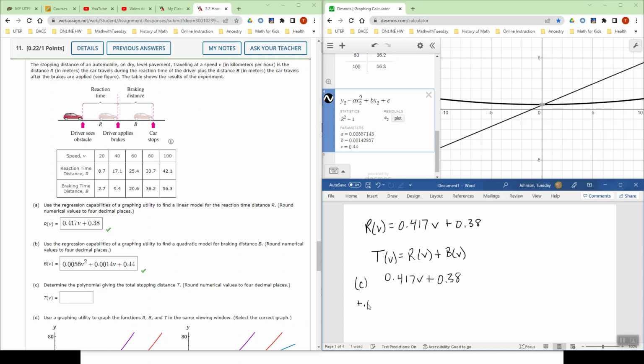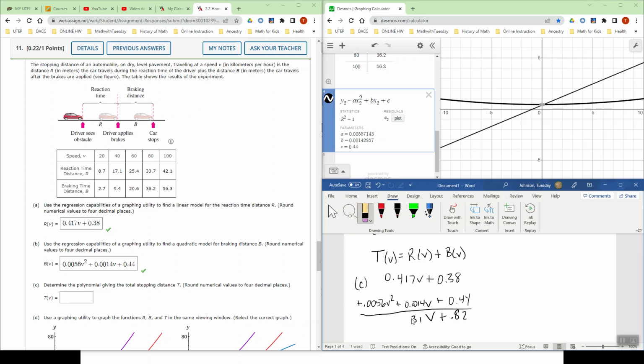And that's it. So for part C, we're going to type 0.417 V plus 0.38, and we're going to add to that 0.0056 V squared, 0.0014 V plus 0.44, and we'll add them. 8 and 4 is 12. Don't add backwards when you aren't paying attention.